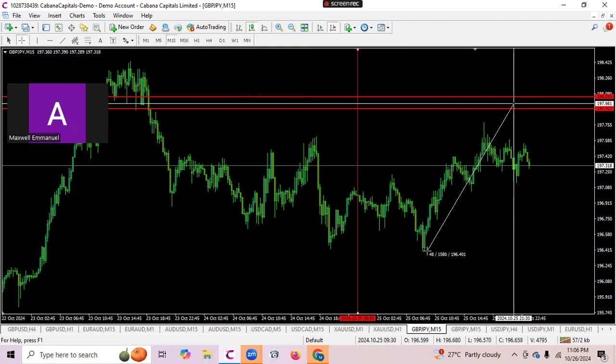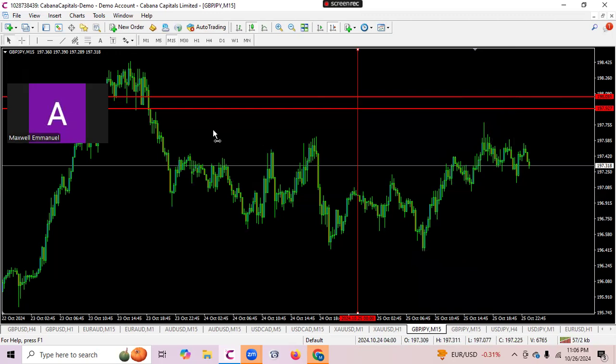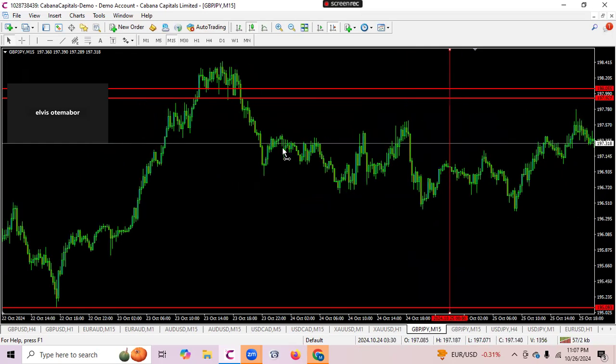These equal lows will be my first TP. So I will be risking 65 pips for 100 and something pips, 150. That's close to 1 to 2 point something risk reward. You can see that. So that's my take on GJ.